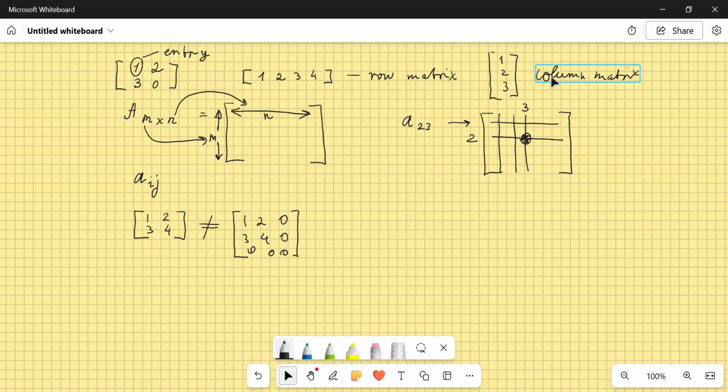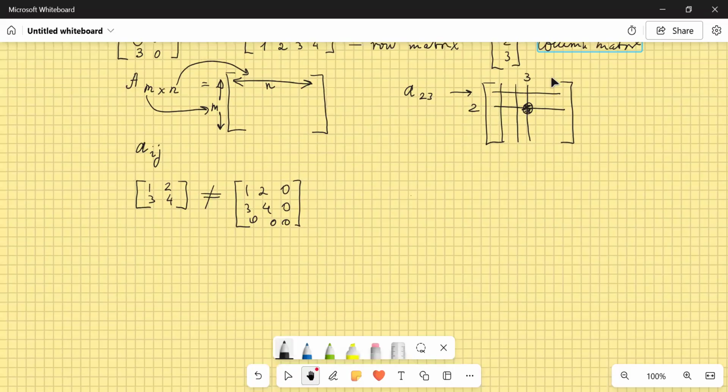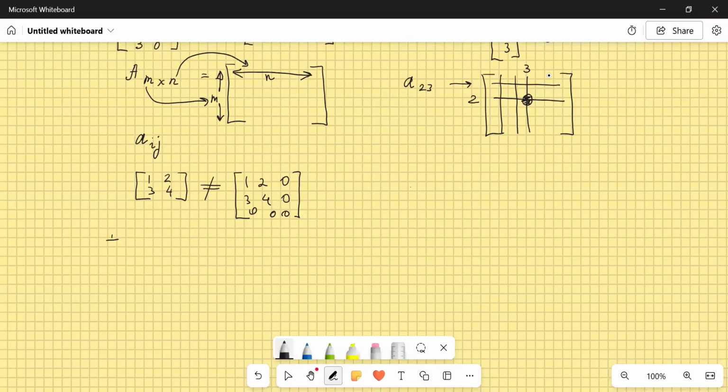Now, how do we add matrices? Matrix addition. So imagine that we have matrix A and we want to add matrix B. So what we are going to have is matrix C. How are we going to get elements of matrix C? c_ij, the element which sits at place i, j, is going to be equal to a_ij plus b_ij.